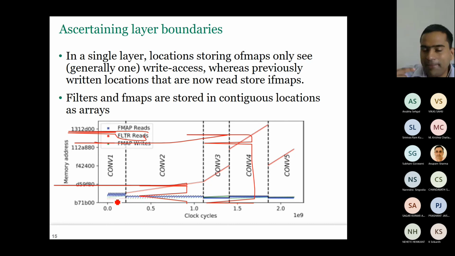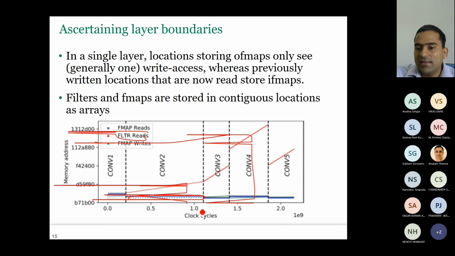Okay, and the blue parts: the same input feature map is being read for different filters, right? For example, if you remember, suppose we have 128 filters. All the filters will work on the same image or the same input feature map. So the input feature map remains the same, but all the different filters are applied on the same feature map.